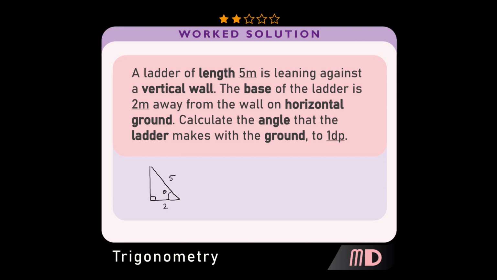In order to apply trigonometric ratios, we need to identify which side is the opposite, adjacent, and hypotenuse. The side opposite the right angle is the hypotenuse, and the side opposite theta is the opposite side, which leaves the base as the adjacent side.